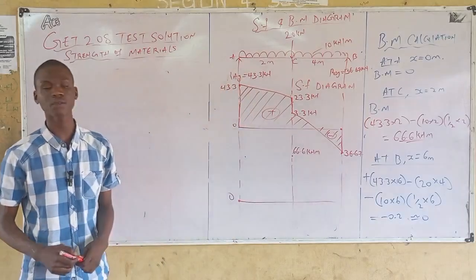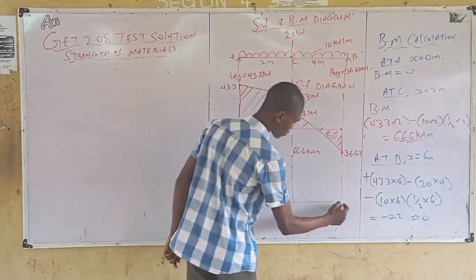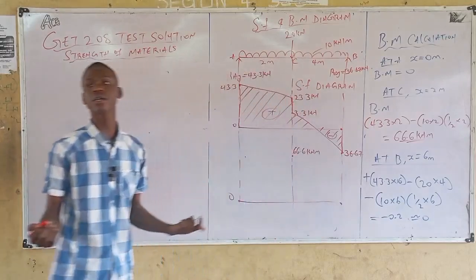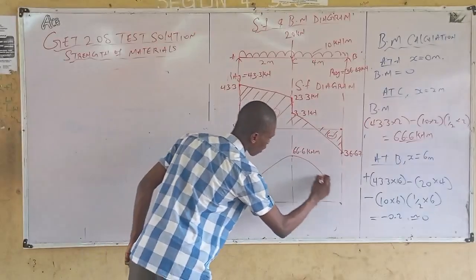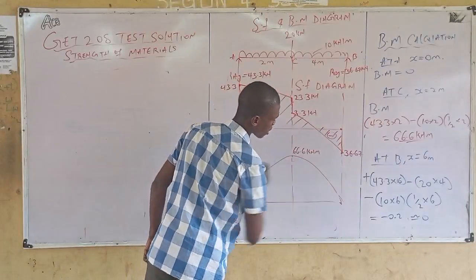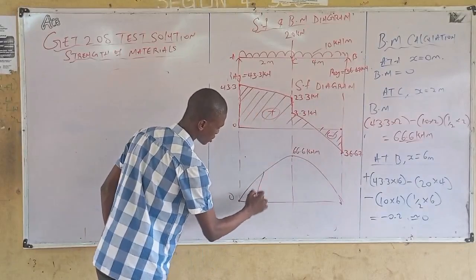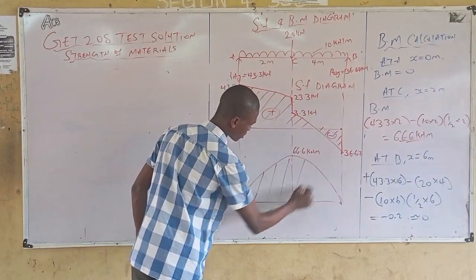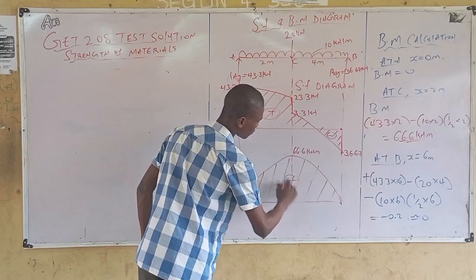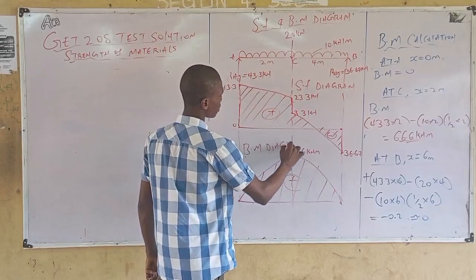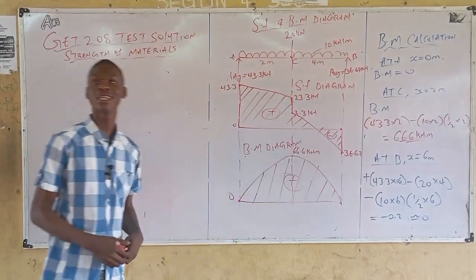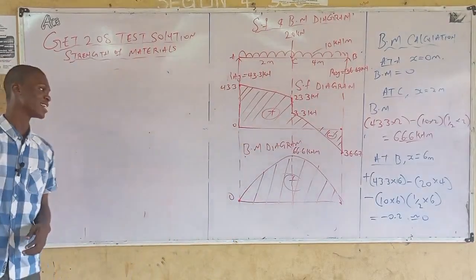At B, what is the bending moment value? 0. Any value again? No, join. Shade as well, positive. Then, right, bending moment diagram. Then you are done.